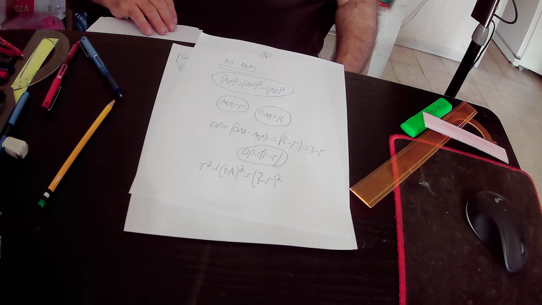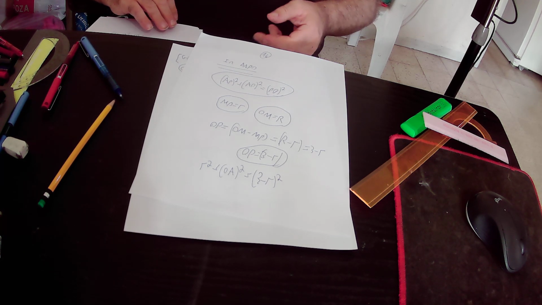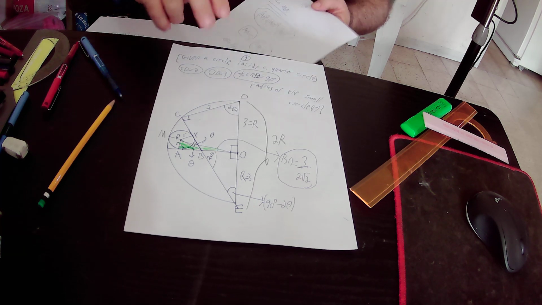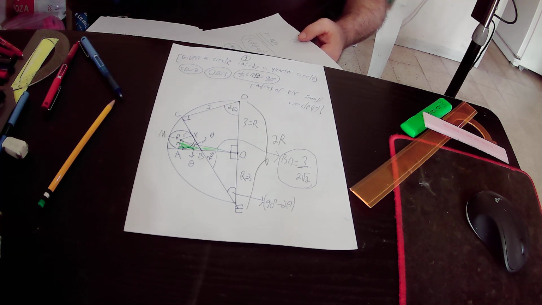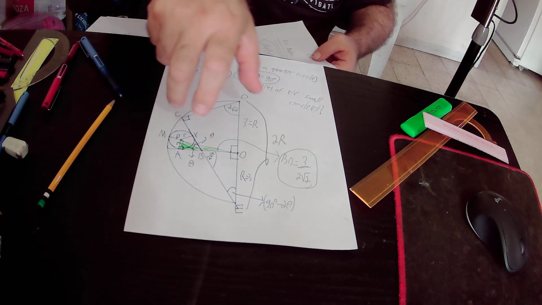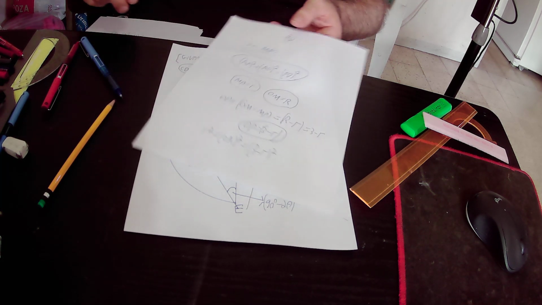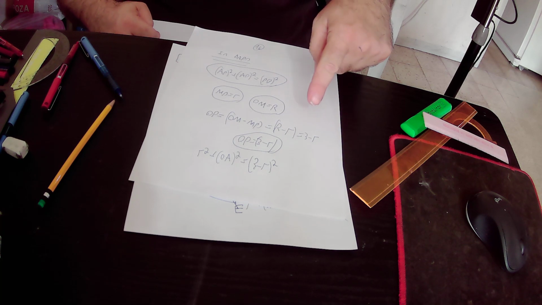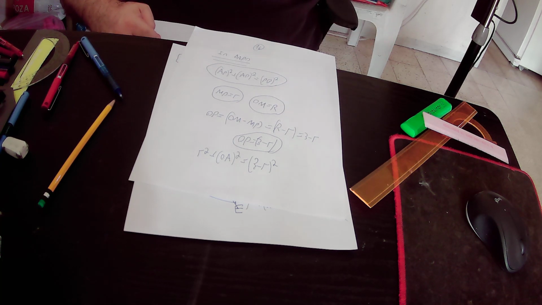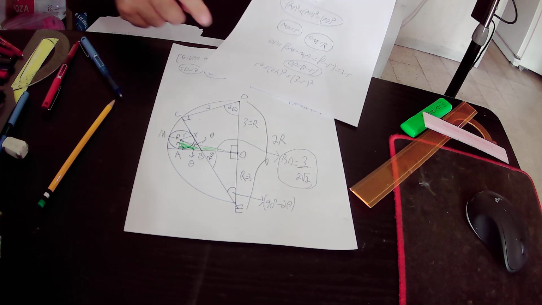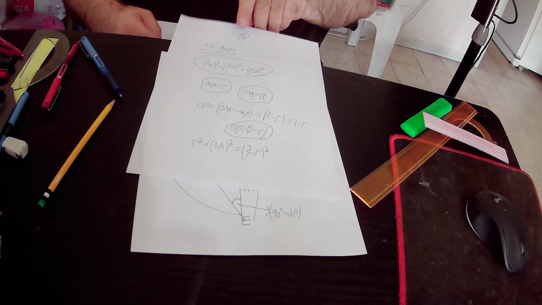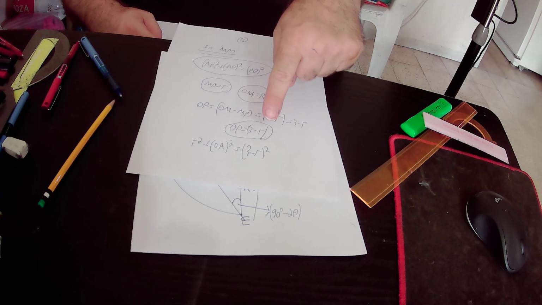But PO equals MO minus MP, that is to say, PO equals capital R minus small r, and capital R equals 3, so PO equals 3 minus r. And AP equals small r, so in total we got r square plus AO square equals (3 minus r) square.